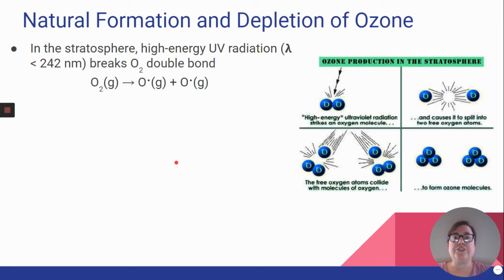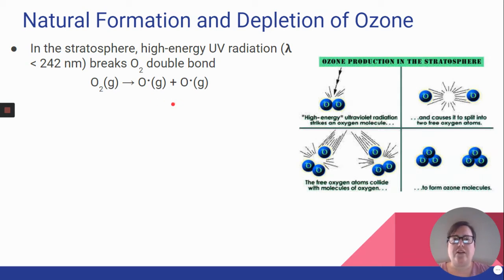All right, so in the stratosphere, that's the part of the atmosphere this is taking place in, you have high energy UV radiation. This, remember, is our symbol for wavelength. So a wavelength less than 242 is needed to break the oxygen double bond. And when that oxygen breaks apart, it forms 2 radicals. All that means is it's an oxygen looking to form a bond, so it's the oxygen with a lone electron.